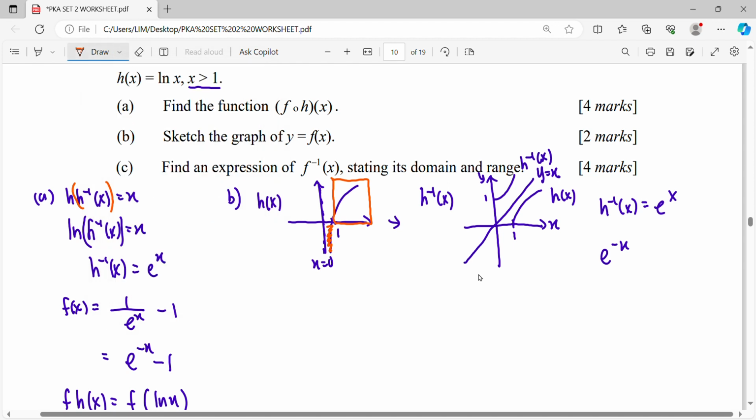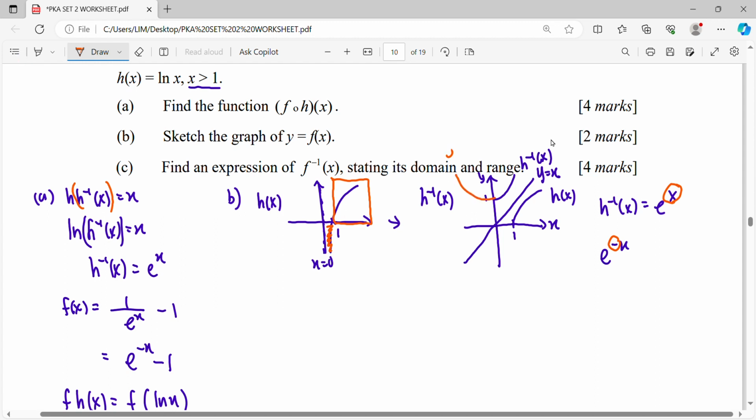So comparing the graphs, e^x and e^(-x) are reflections along the y-axis.